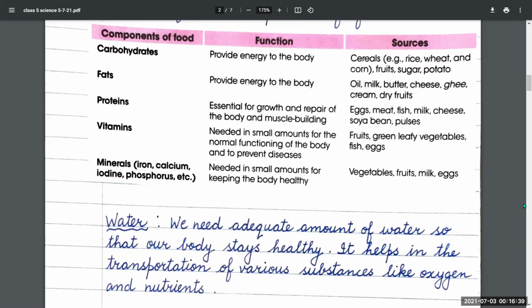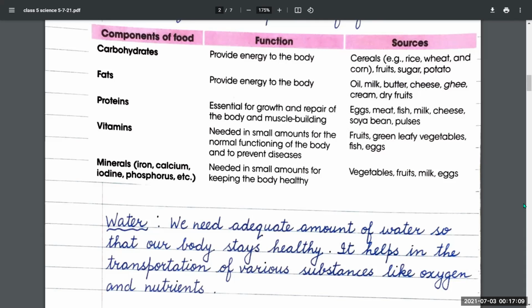The next component of food is proteins. Proteins are essential for growth and repair of the body and muscle building. Its main sources are eggs, meat, fish, milk, cheese, soya bean, and pulses.